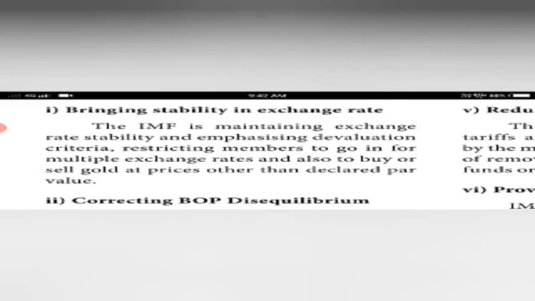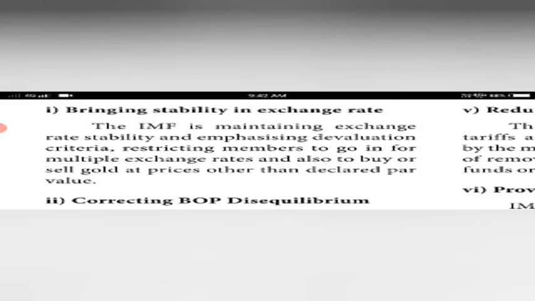So the IMF maintains exchange rate stability, analyzing criteria and restricting members from going in for multiple exchange rates.